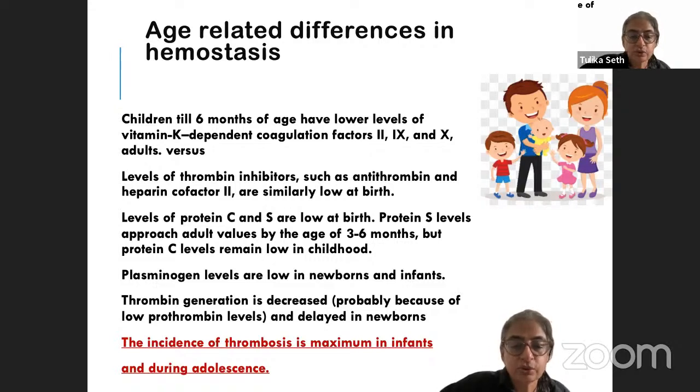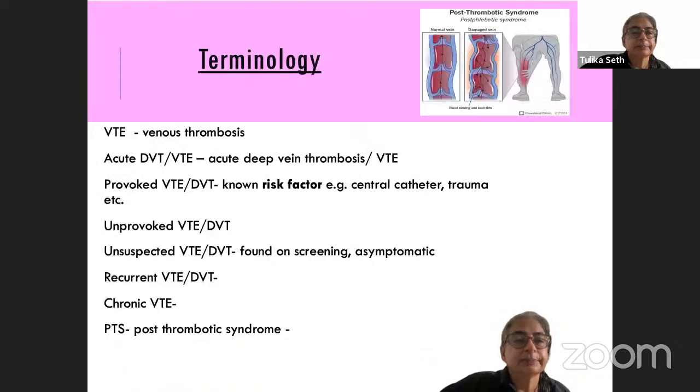Plasminogen levels are also low, and the thrombin generation is decreased. So there are several differences in the infants. And when we deal with adolescents, there we are more likely to be looking at a coagulation system that is more like adults. And that's why adolescents have a second peak, which is again similar to adults.